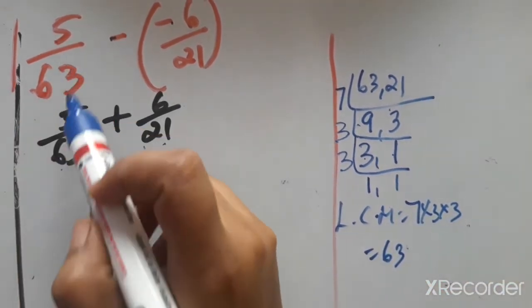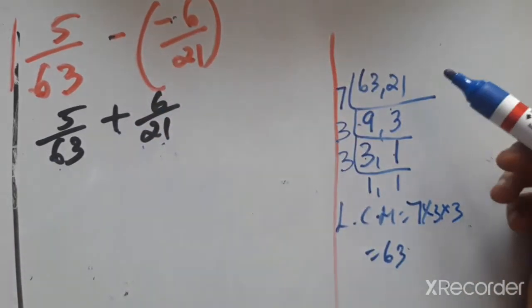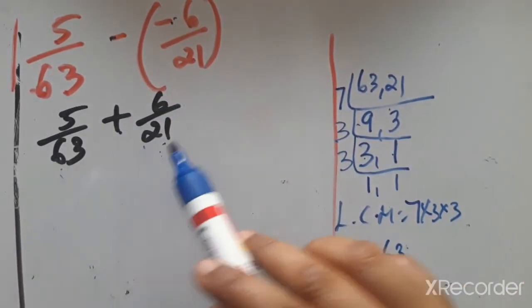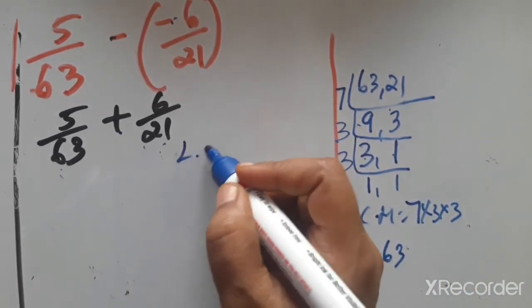Okay. 5 by 63 as it is, and minus into minus will become plus 6 by 21. Now the LCM of the denominators is 63.